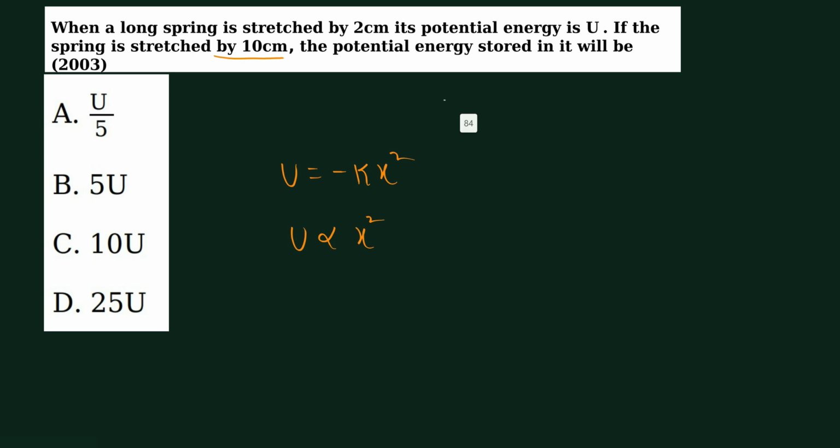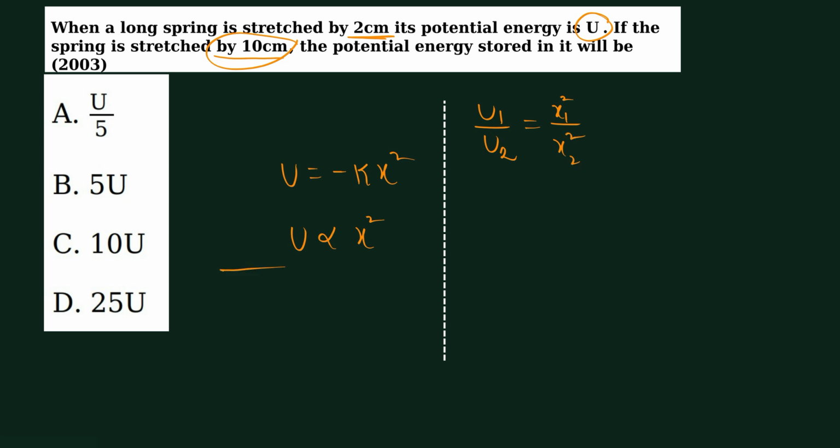Here we have two incidents, right? When x is 2 centimeter, they have given that the potential energy value is U. When you compress the spring up to 10 centimeter, what is the potential energy stored in the same spring? To derive this, we have the formula u1 by u2 equals x1 square by x2 square.